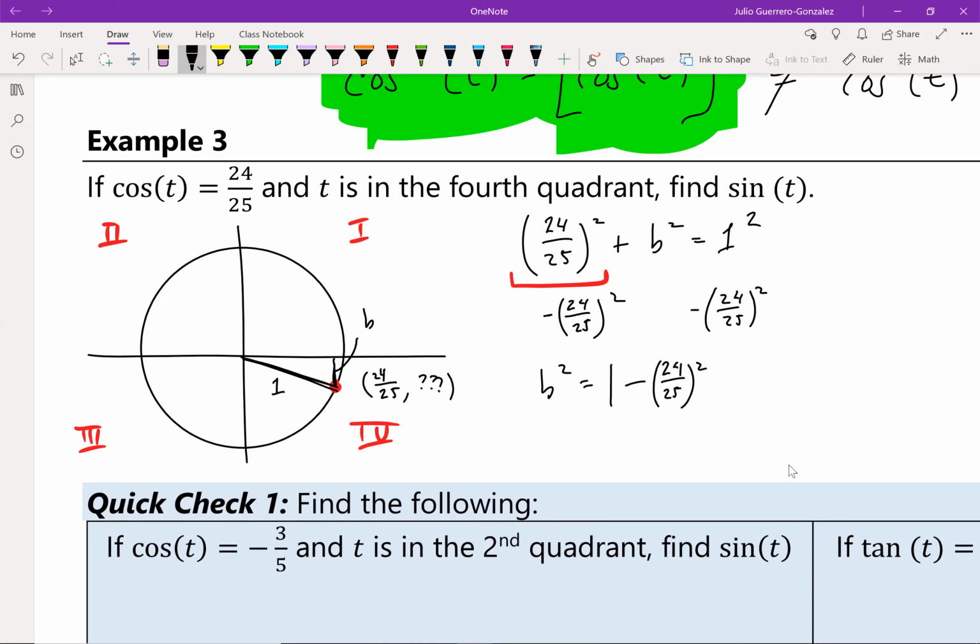So that means b squared is, let's see, I need my calculator. 1 minus 576 over 625.